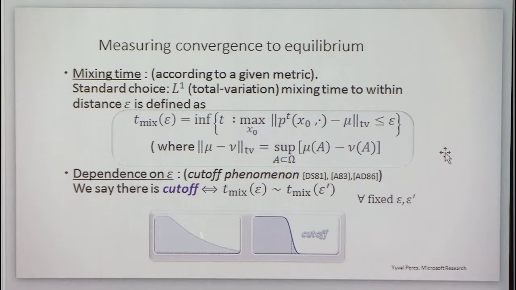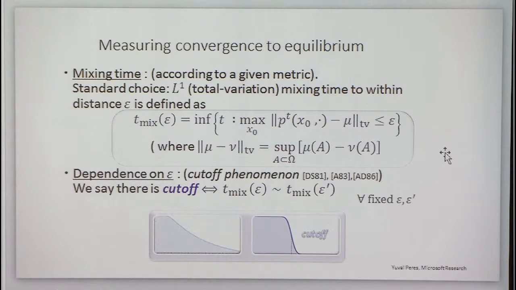And the dependence on epsilon is captured by the cutoff phenomenon. So in general, mixing time, this T mix of epsilon, could depend on epsilon. And to understand it, we look at the graph of the distance in total variation to the stationary distribution.